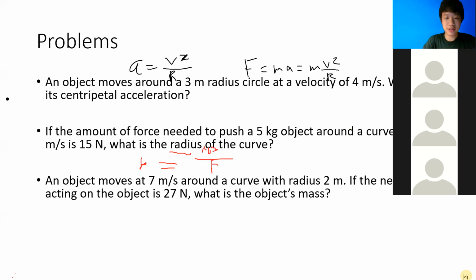So you just take the equation 15 equals 5 times v squared over r. And what is v? 10 meters a second? That's going to be 100 over r. So then it's just 500 over 15, which is 33.33 meters.